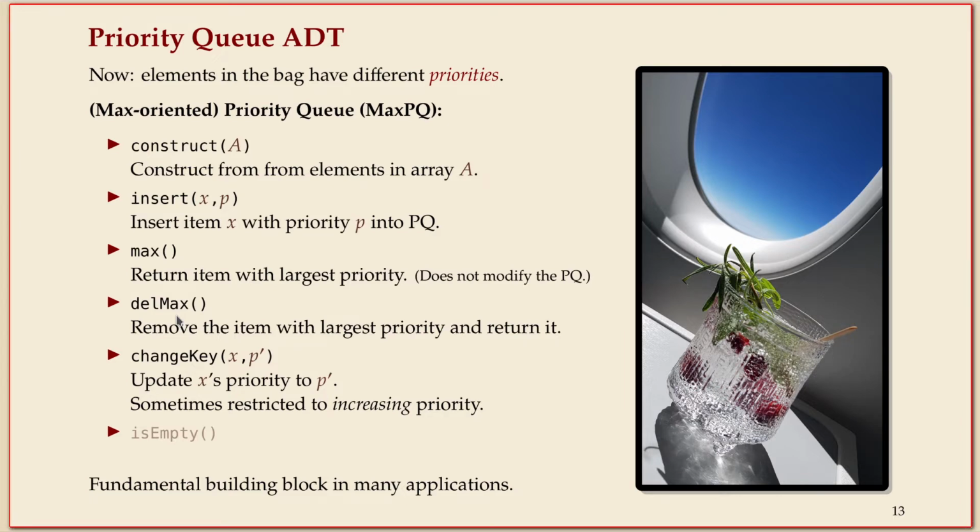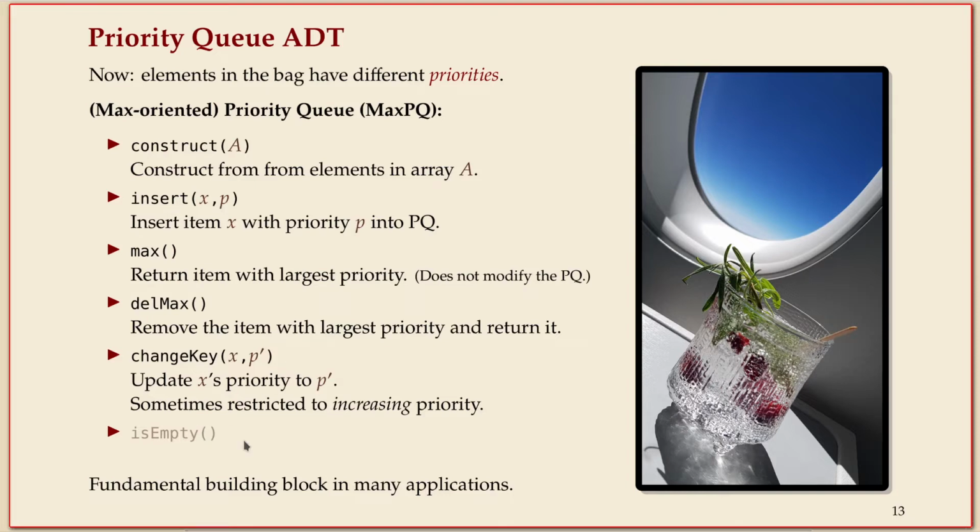All right? There's a few other things. You can peek at what is currently the one with the largest priority. And there's a way to change priorities of the things that are currently inside the priority queue. Sometimes we can also support a delete operation. I left that out here because it doesn't add much to our story.